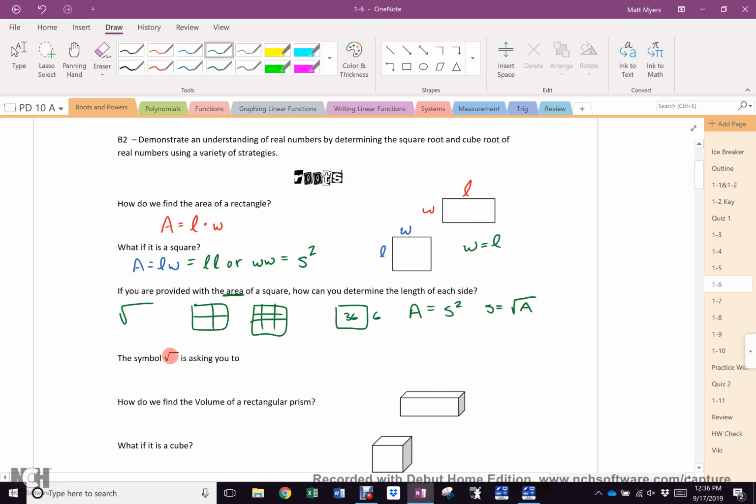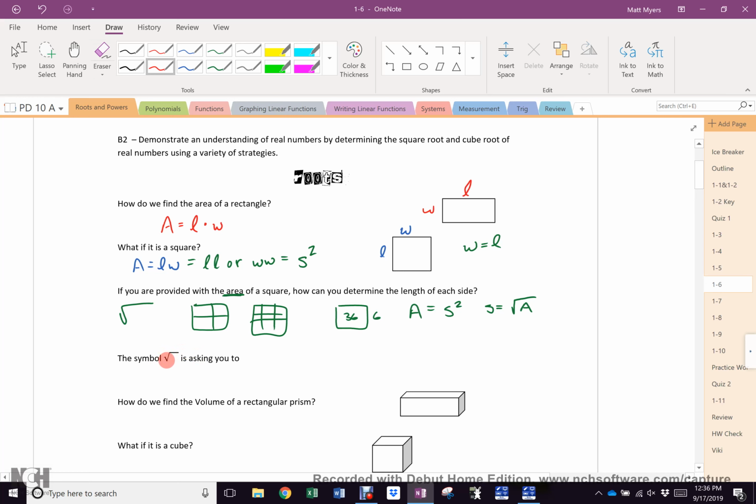This symbol is asking you to do something. This particular symbol is asking you to do something, but just this part of it is asking you to do something. I screwed that up. Sorry. This symbol is asking you to do something specific when it's written this way.